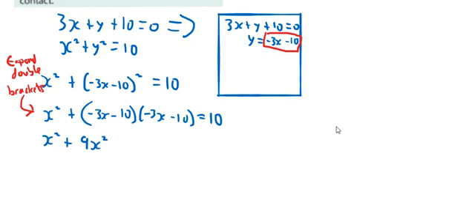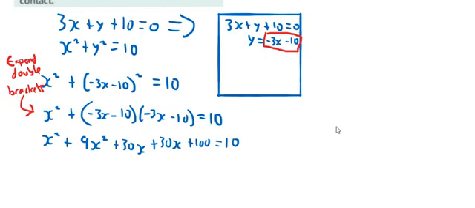Minus 3x multiplied by minus 10 will be plus 30x. Then I need to do minus 10 multiplied by minus 3x, so that's plus 30x, and then minus 10 multiplied by minus 10, so that's plus 100, and that equals 10. Now I can group together the like terms, so it works out nicely because they're all beside each other anyway.